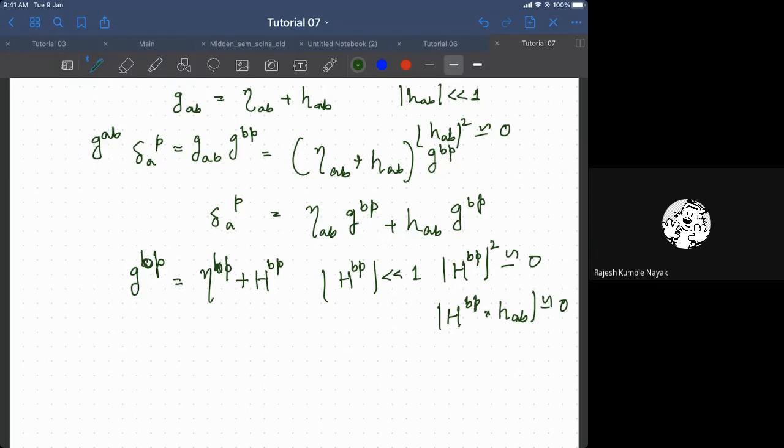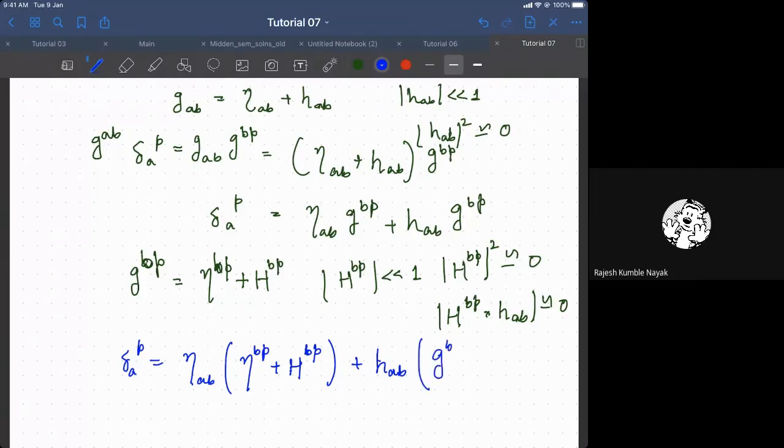Now, if we do substitute here, let me change my color. delta_AP is equal to eta_AB into eta^BP plus H^BP, plus h_AB into eta^BP plus H^BP.